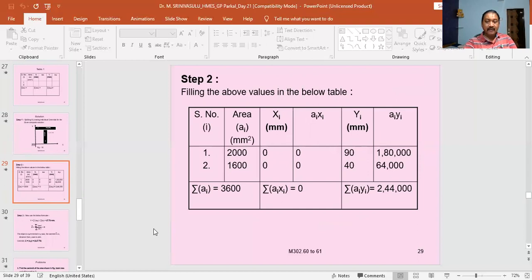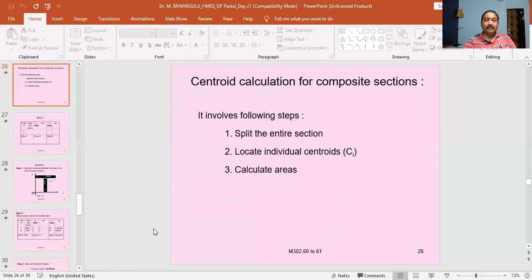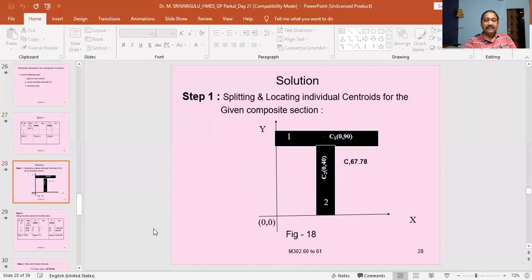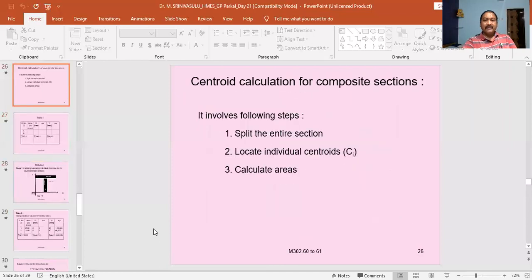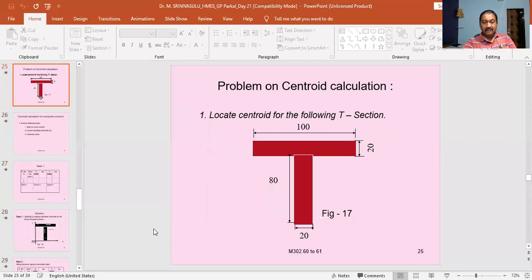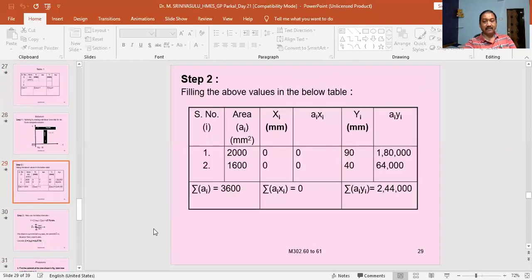Now coming to part 2, the section 2 here, y2. This is the web. The starting point of the web is the x-axis, and y is equal to 80 by 2, which is 40. So y2 is equal to 40, and a2 into y2 becomes 1600 into 40, which is 64,000.